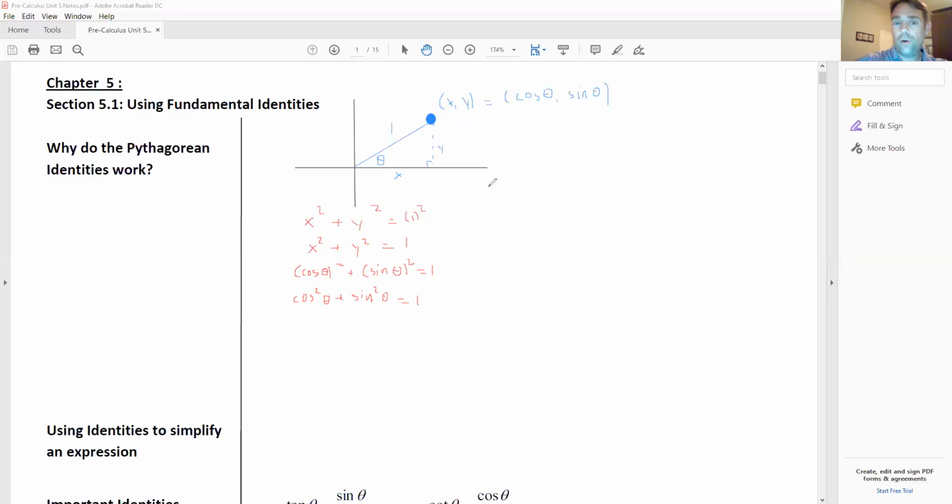That's not the only Pythagorean identity that we have. I'm going to show you where the other ones come from. I'm going to write that a second time because there are 2 more identities, and we want to make sure we know exactly where they come from.